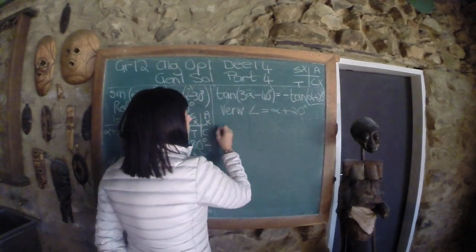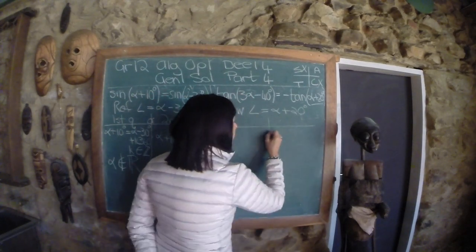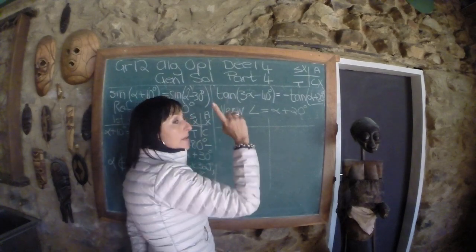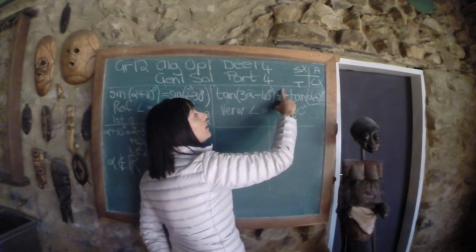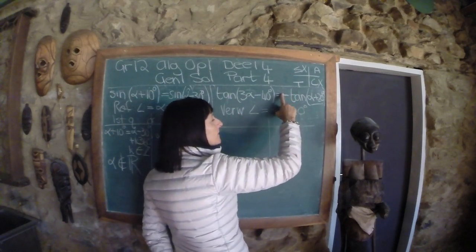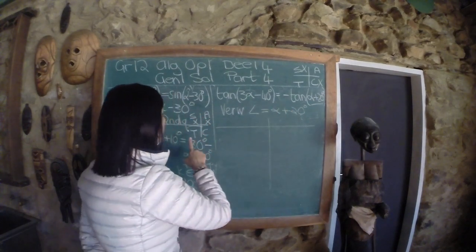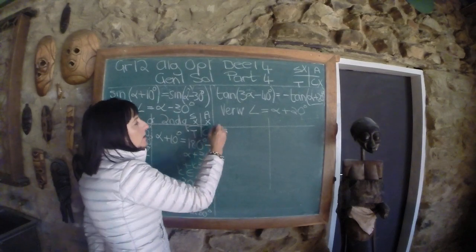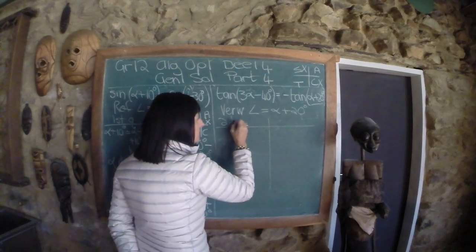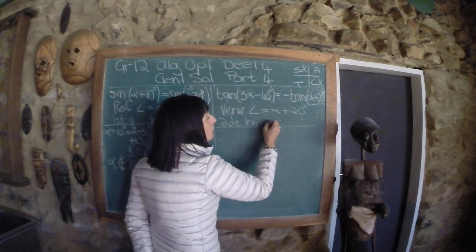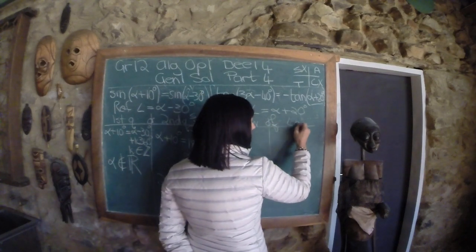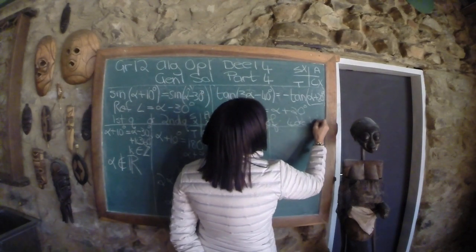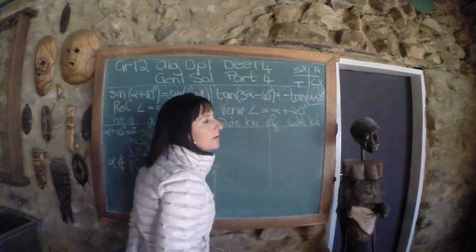Nou gaan ek vir myself vra, in watter kwadrante is tan, and now I find the negative. Tan is negatief in my tweede en vierde kwadrant. So my tweede kwadrant of my vierde kwadrant. En dit is wat die negatief bepaal.